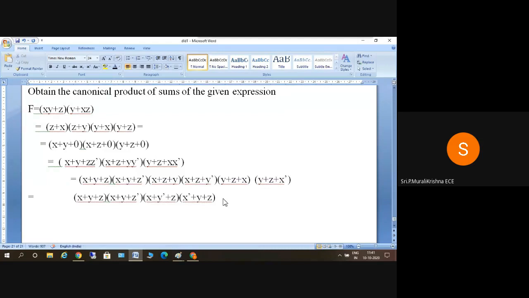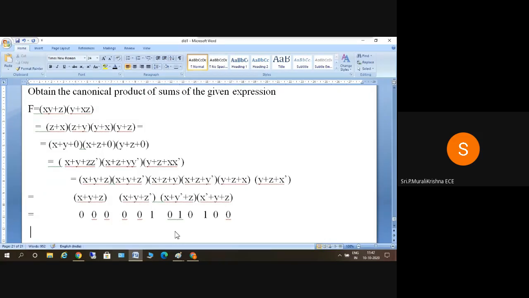So what are the max terms here? 0 is the normal form and 1 is the complement form. So it is 0 0 0, x is 0, y is 0 and z is 0. And here the next one, x is normal form so it's 0, y is 0 and z is 1. And the next term is 0 1 0, and here it is 1 0 0.